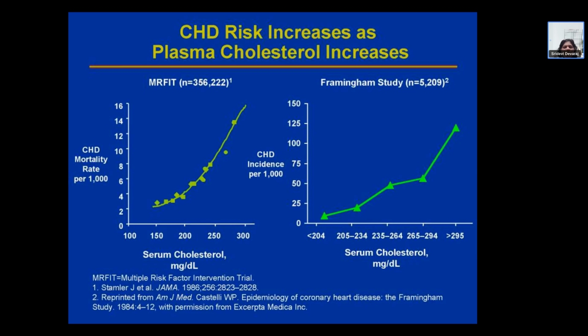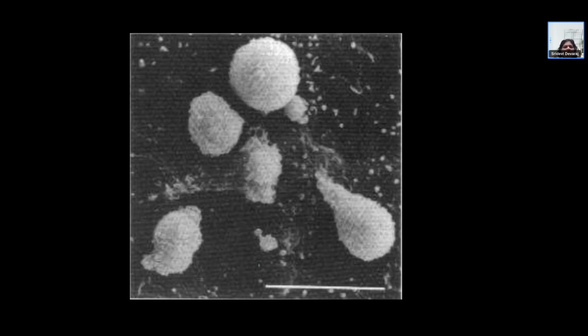We know in your arteries that you have monocyte macrophages that carry the lipid-laden macrophages. And this is the scanning electron micrograph of an African pigtail monkey, which was fed cholesterol. And there you see these blobs of monocyte macrophages, which are engorged with lipid, trying to get into the subendothelial space and forming the fatty streak and then progressing to the fibrous plaque lesion.